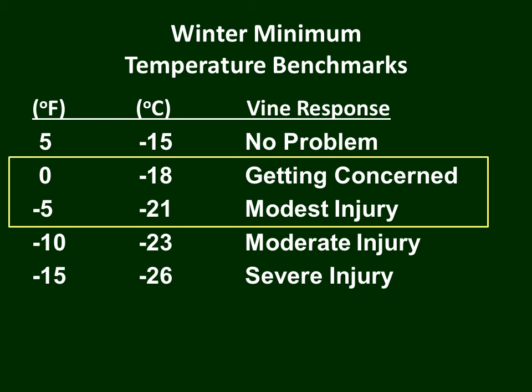So now let's relate those winter minimum temperatures to this table of winter minimum temperature benchmarks. And at minus 3 to minus 5, they fall in that range that says we're getting concerned, we may have some modest injury. But that's pretty decent, all things considered.